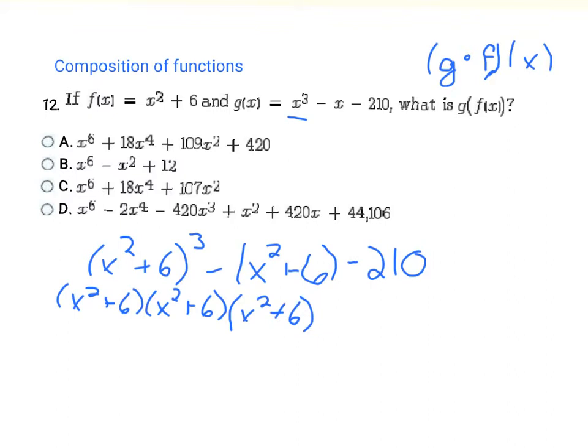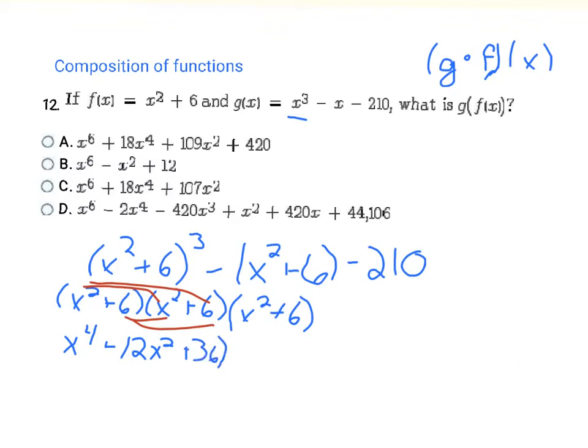So now I'm gonna have to FOIL that twice. So I'm gonna FOIL this first one. And when I FOIL that out, I get x to the 4th plus 12x squared plus 36.